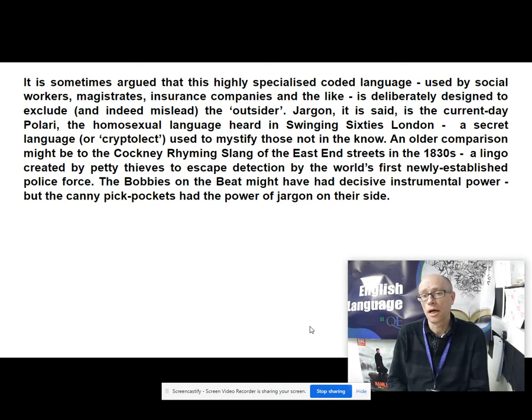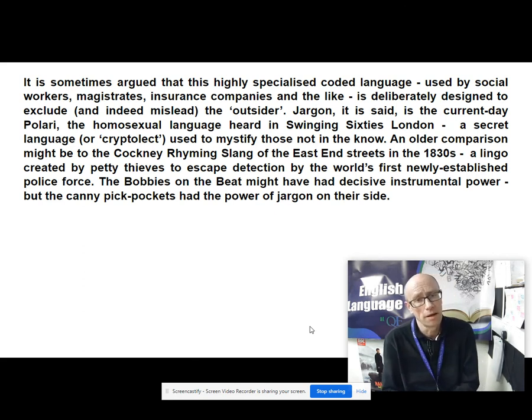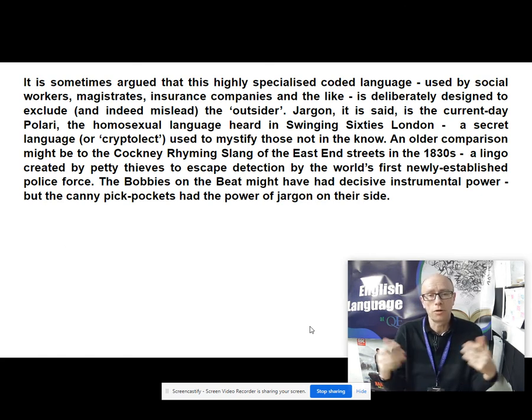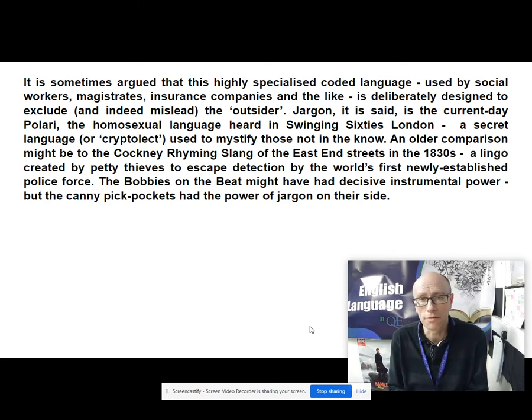"It is sometimes argued that this highly specialised coded language used by social workers, magistrates, insurance companies and the like is deliberately designed to exclude and indeed mislead the outsider. Jargon, it is said, is the current day Polari, the homosexual language heard in swinging 60s London, a secret language or cryptolect used to mystify those not in the know.